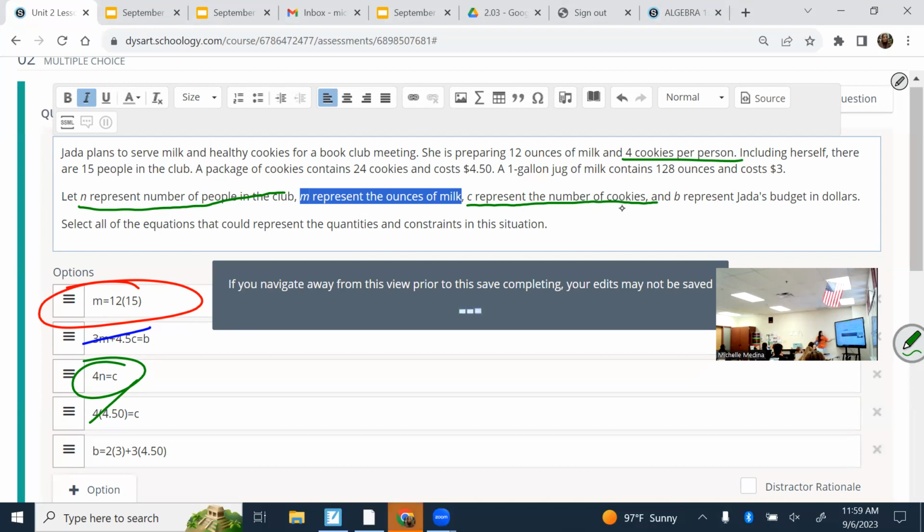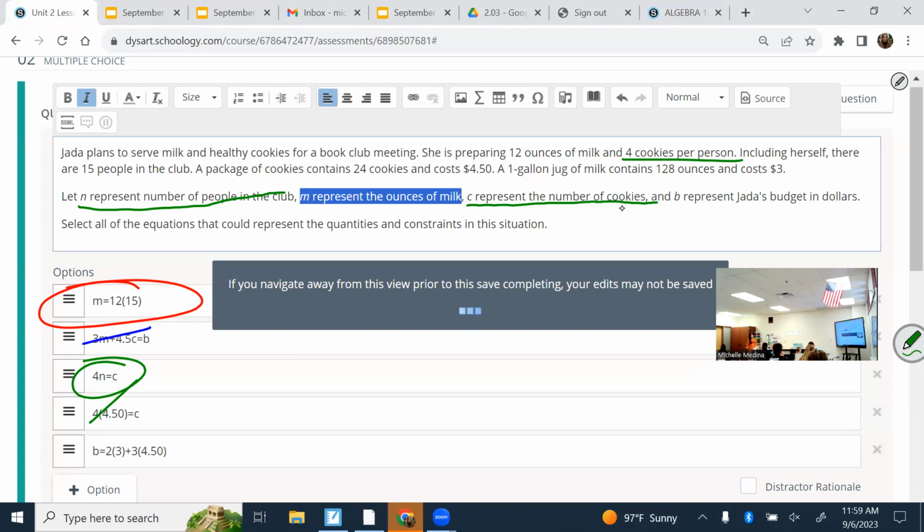Because we already established if she wants to know how many cookies she needs, she should multiply it by how many people are going to be there, which could be N or the 15. 450 is how much it costs for the whole package, not the individual cookies. So no. And also you can't have 4.5 of a person. So another reason is no.